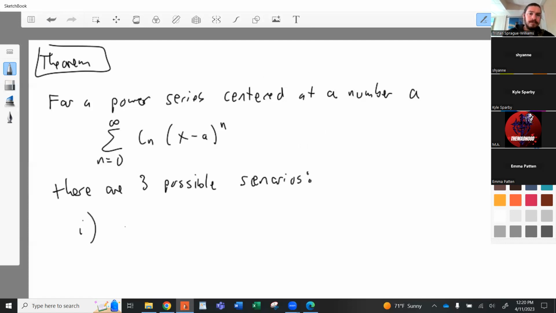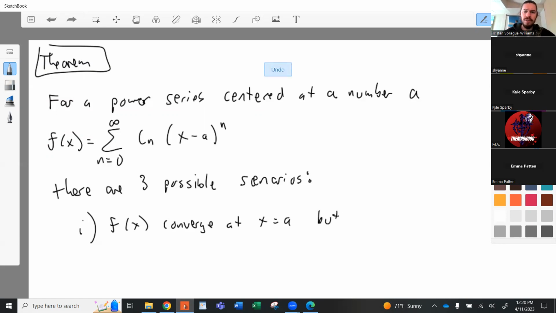One, the function, which I'm just going to call f, f of x will converge at x equals a, but diverge for all other x values.